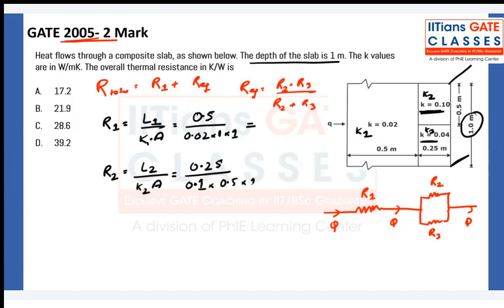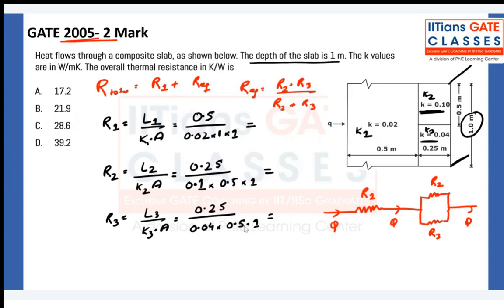Very quickly solve this and tell me what is R2. Then R3 is equal to L3 upon K3 area. L3 is the same, K3 is 0.04 into area is this. Now tell me very quickly how much is R1, R2 and R3.